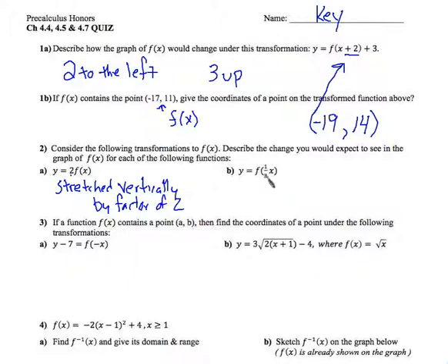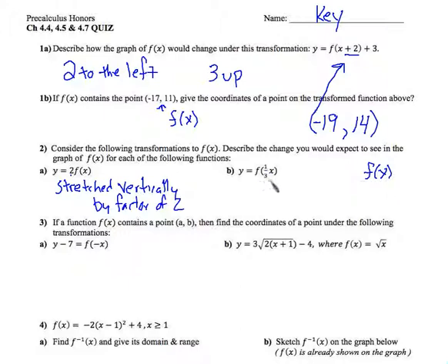Here, the input, what's going in, first thing that happens is it gets multiplied by 1/3. So one way to think about this is that you need to put in something 3 times as big to get back to the same place as regular f of x. If you're comparing this one to regular f of x, you need to put in something 3 times as big here in order to do the same thing that f of x did.